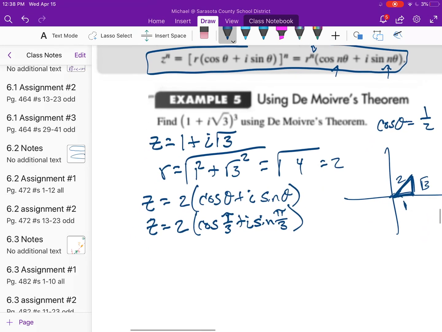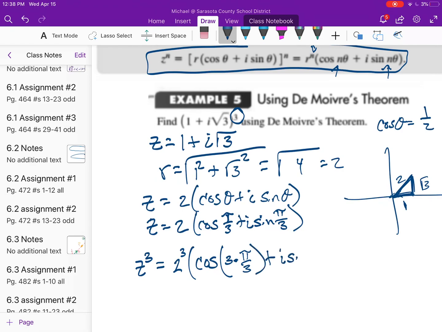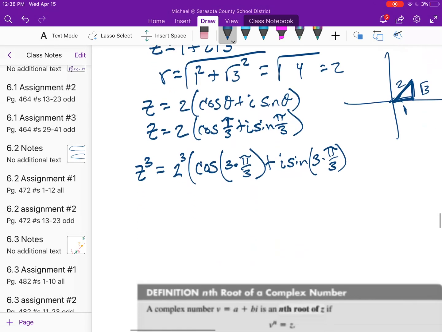Since now we have it in our polar form, we can use de Moivre's theorem. All of this was being raised to the 3rd power in the very beginning. So I can take z cubed, and that would be 2 to the 3rd power times cosine of 3 times pi thirds plus i times the sine of 3 times pi thirds. And so then we get 2 to the 3rd power, that's an easy one to do, is 8.